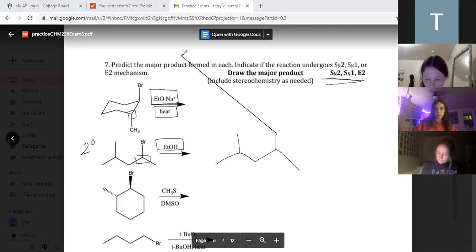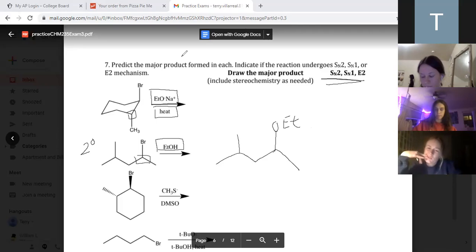So I'm simply going to get one product like that. That's going to be it. I just substitute. Does that make sense? You said this is SN1, right? Uh-huh. Okay. Yeah, because it's a weak nucleophile, right? Okay. Let's go ahead and go to the next one.